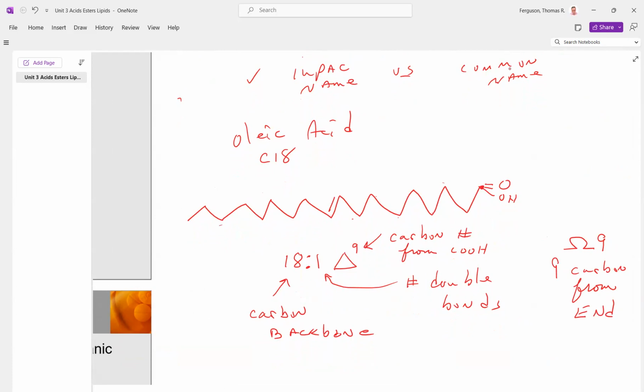We're going to go 1, 2, 3, 4, 5, 6, 7, 8, 9. It doesn't say anything else. So when you say linolenic acid is an omega-3 fatty acid, it doesn't say how many double bonds are in linolenic acid. It just says that the first one occurs 3 in from the end.